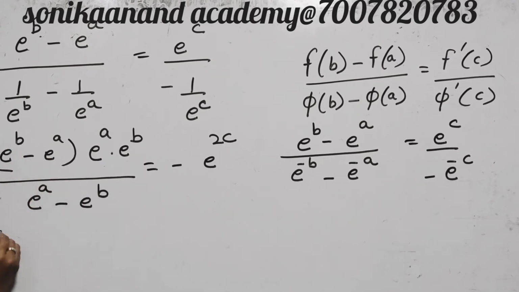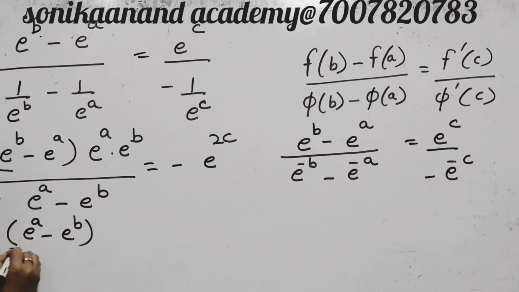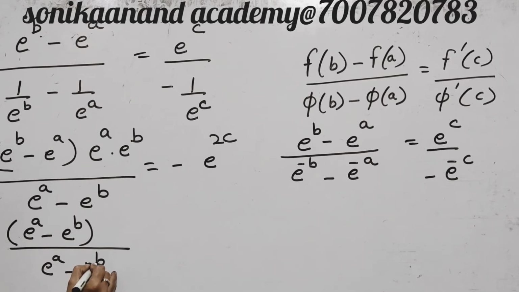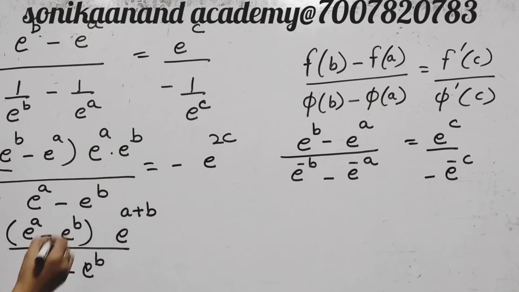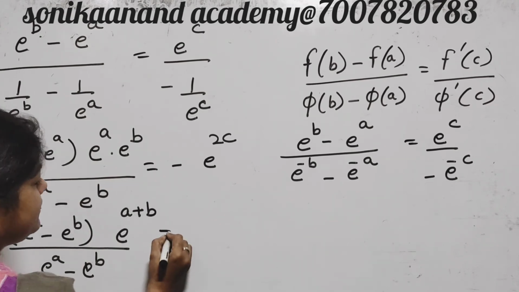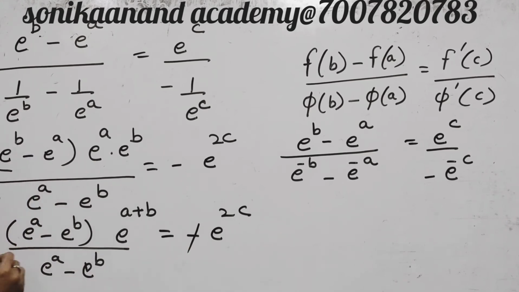So we just take out the minus sign over here and it becomes e to the power a minus e to the power b over e to the power a minus e to the power b, and here we have e to the power a plus b, because exponents are added, minus e to the power 2c. Both minus signs cancel.